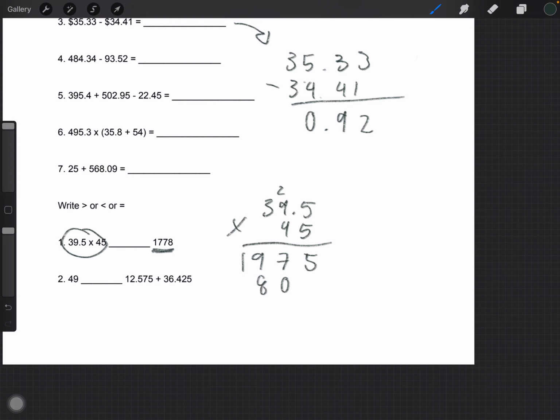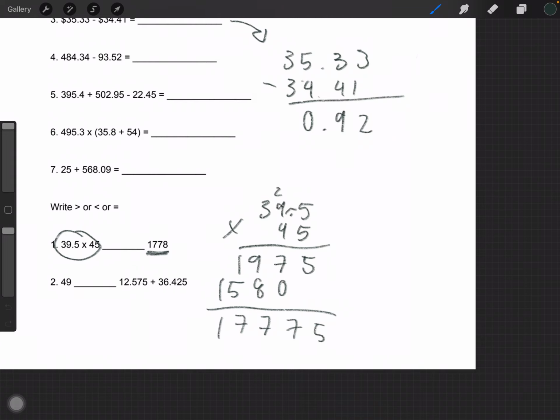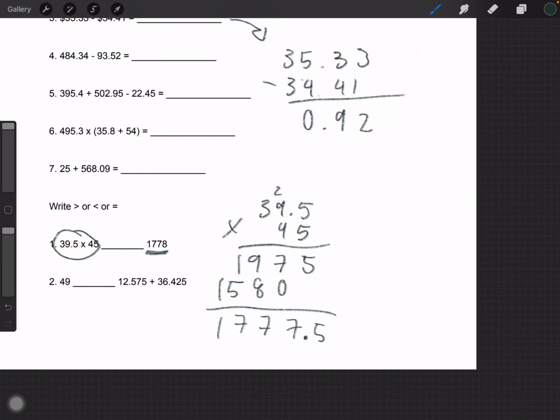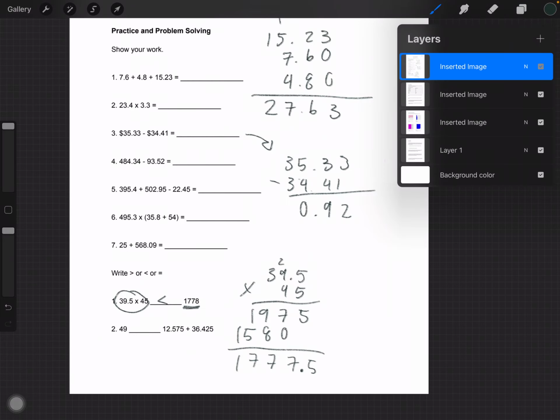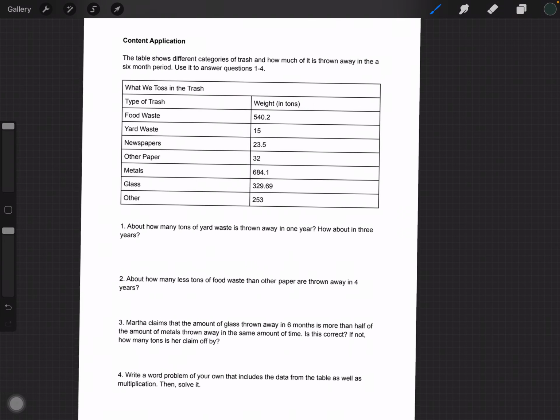And then you see there's 1 decimal point in the tenths, and so you put it down here as well. So 1777.5 is less than 1778.